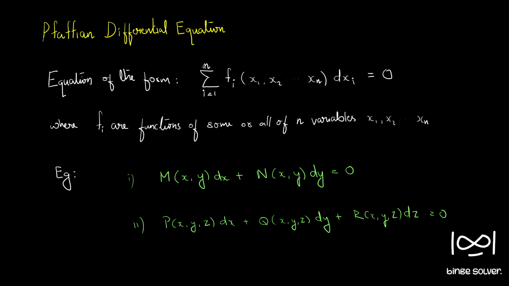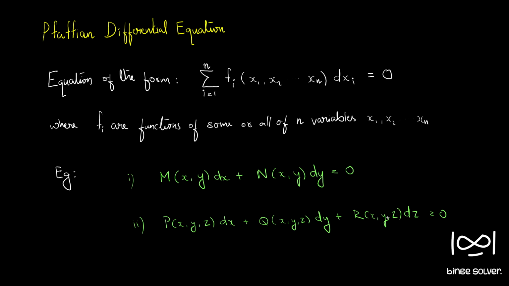And when n equal to 3, we will have three functions P, Q and R. Each will be a function of three variables x, y, z. And here it will be d of the first variable dx, for the second function d of the second variable dy, and for the third function d of the third variable, which is dz.